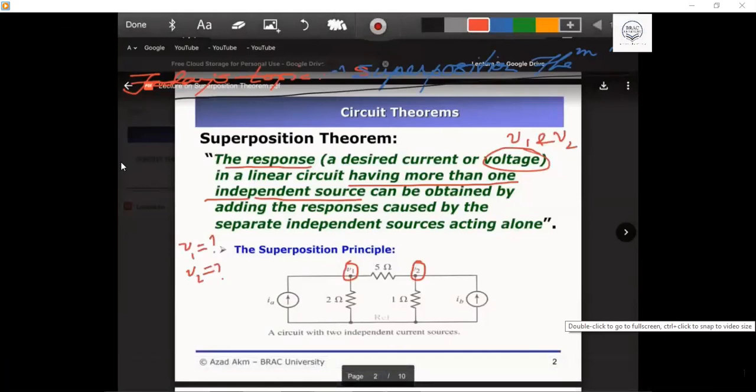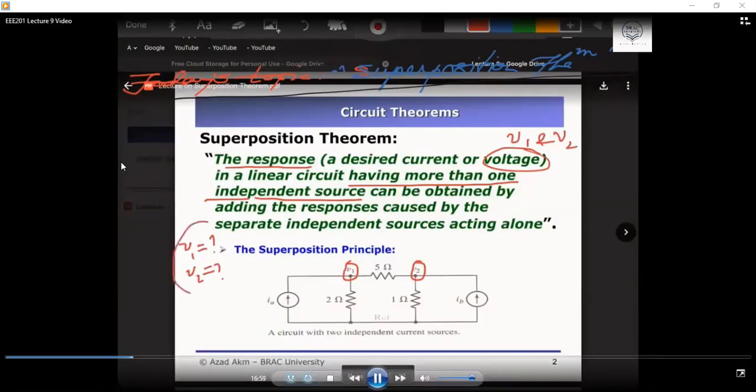How can you get the values of these two using the superposition theorem? You can find them by adding the responses caused by separate independent sources acting alone.